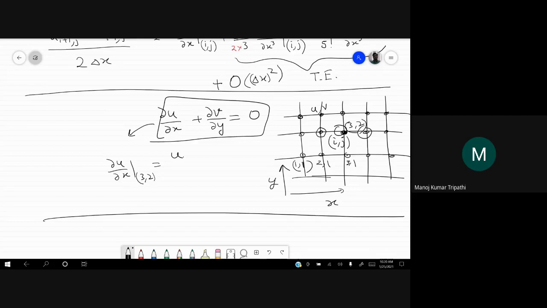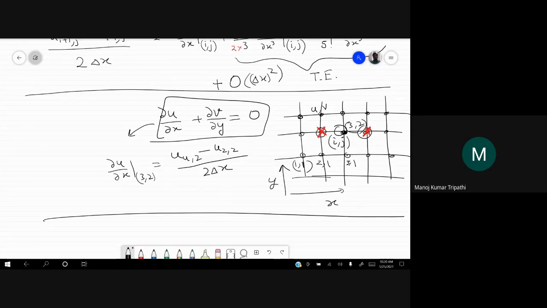It depends how you want to write it now. It can be expressed in terms of forward difference, backward difference, or central difference. So let us write now for central difference. What will it look like? So it will be u4 comma 2 minus u2 comma 2 divided by the distance between 4 comma 2 and 2 comma 2, which we are calling 2 delta x.